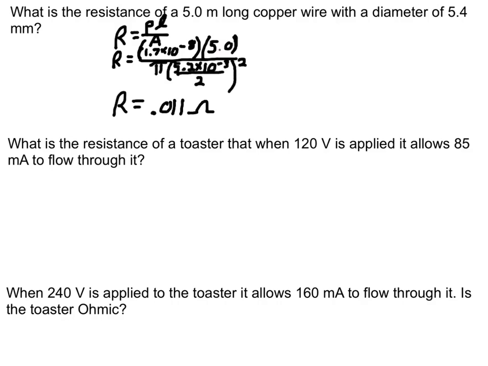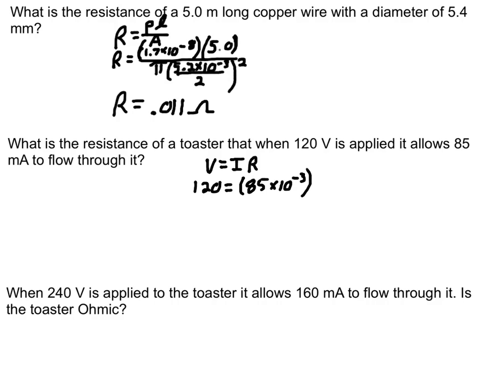What is the resistance of a toaster that has 120 volts applied to it and allows 85 milliamps to flow through it? Since I know about the voltage and the current here, I'm going to use V equals IR. So the voltage, 120, equals my current, 85 milliamps. Remember, milli means times 10 to the negative 3.